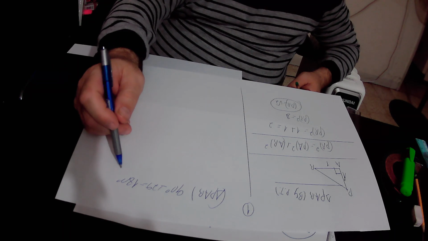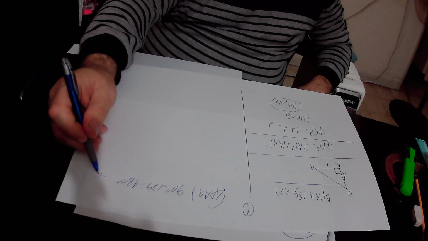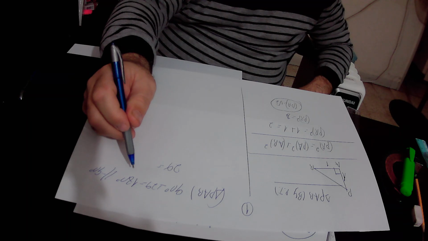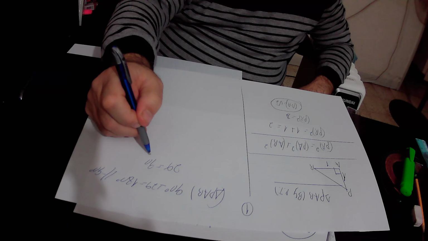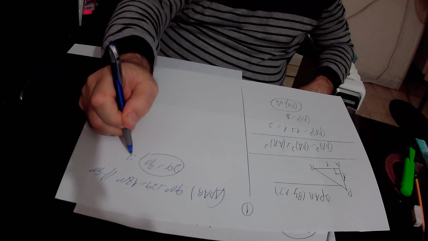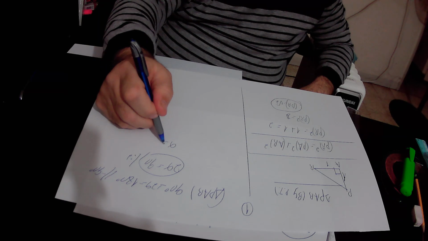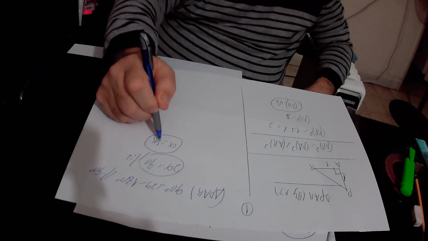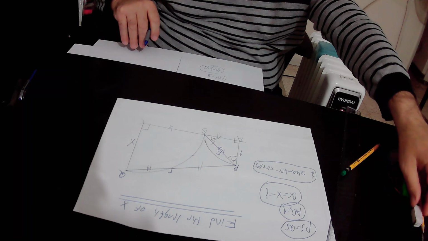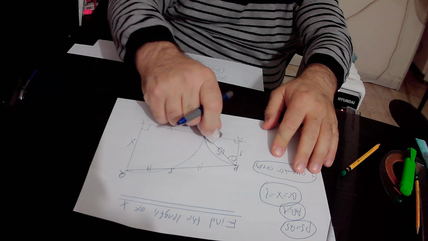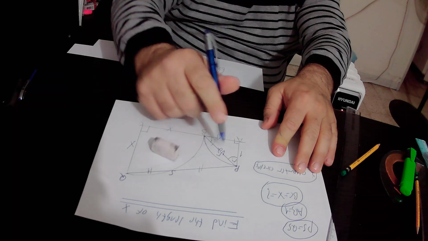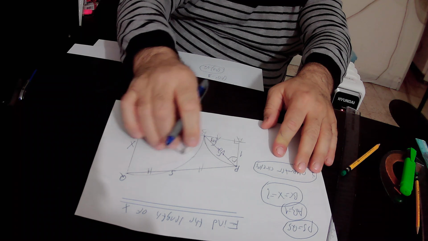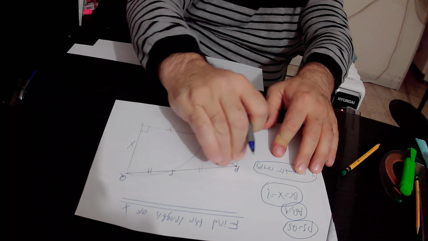So here we subtract 90 degrees from this equation, and we get that 2 alpha equals 180 degrees minus 90 degrees, it is 90 degrees. We divide this equation by 2, and finally we get that alpha equals 90 degrees over 2, that is 45 degrees. So this is angle alpha, it is equal to 45 degrees in size. This is also angle alpha that equals 45 degrees.